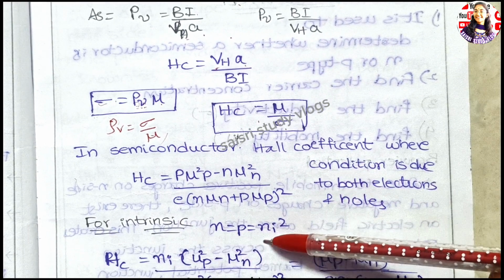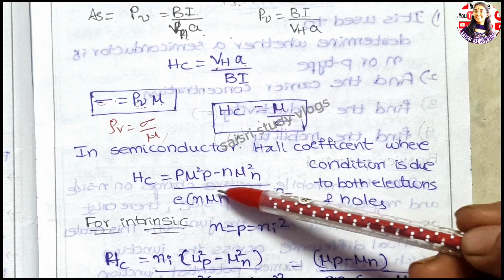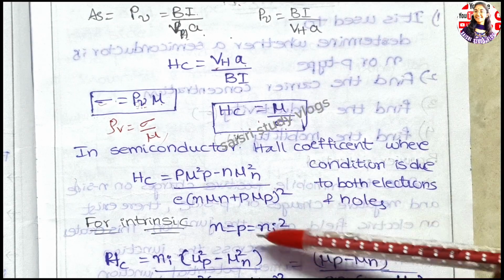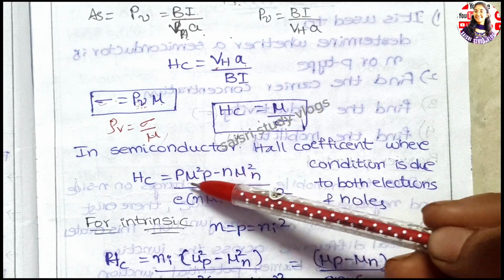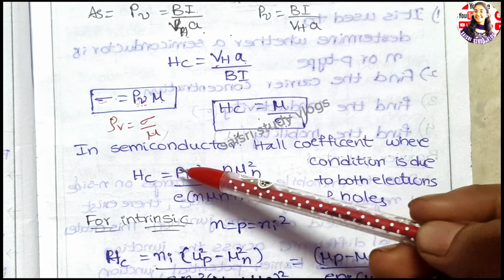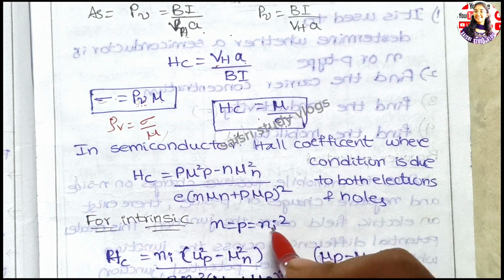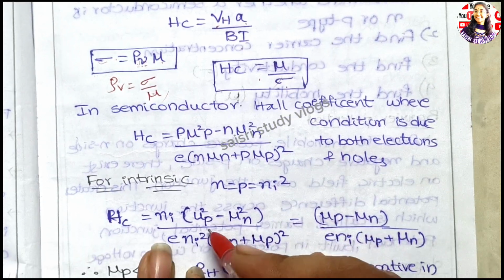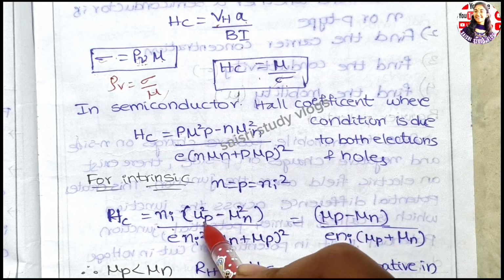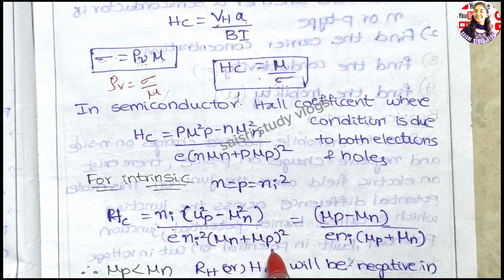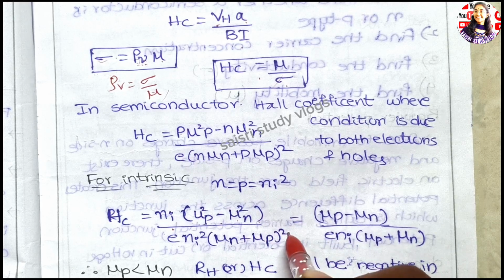For intrinsic semiconductors, the number of electrons will be equal to the number of holes. If we consider that P equal to N equal to Ni, then we get Ni into mu square P minus mu N square, and so this is the Hc for the intrinsic semiconductor.